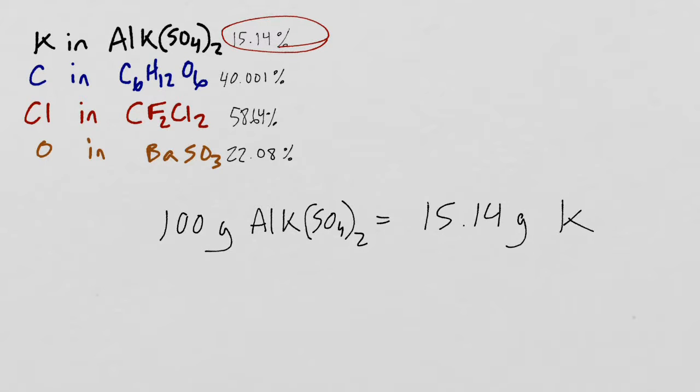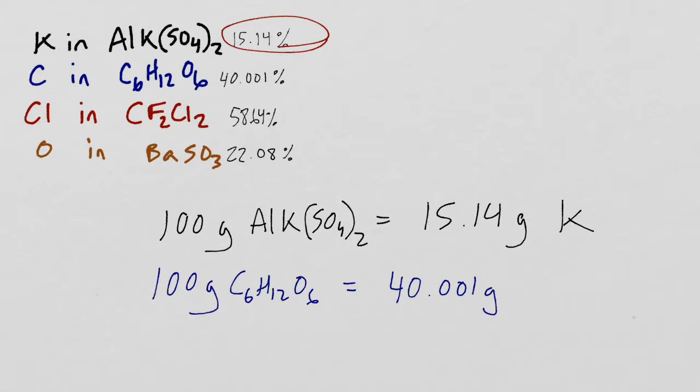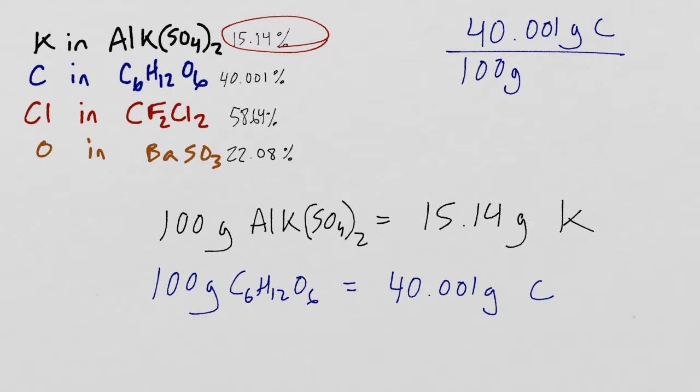Same thing could be said of the carbon in that sugar molecule. Every 100 grams of C6H12O6 means that we have 40.001 grams of carbon. And we would write that just like any other conversion factor: 40.001 grams of carbon in every 100 grams of C6H12O6.